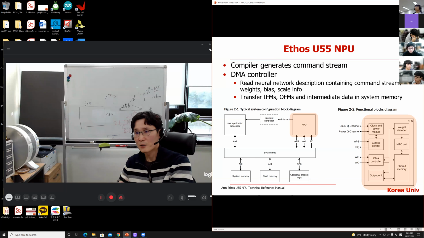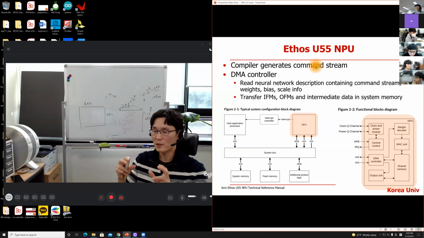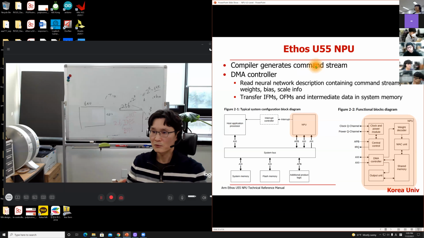So this NPU is also taking the same approach. It is implementing instructions or commands, and by combining those commands, you can implement some DNN model.